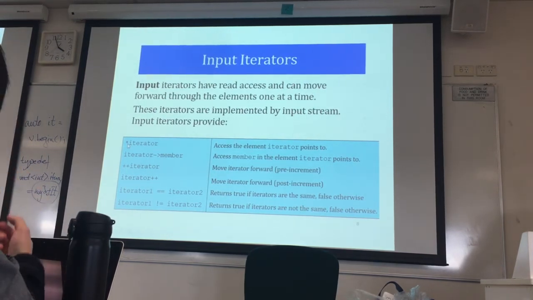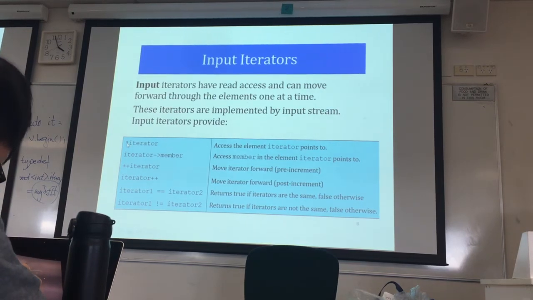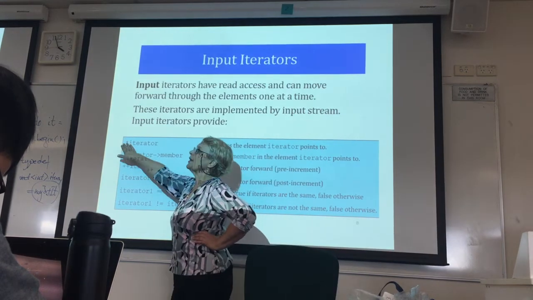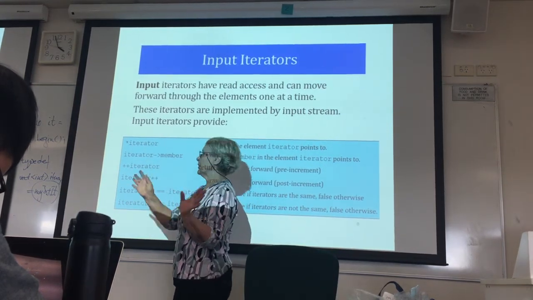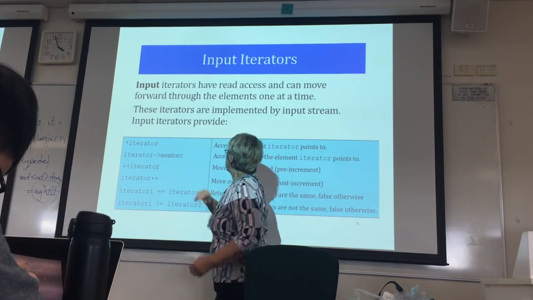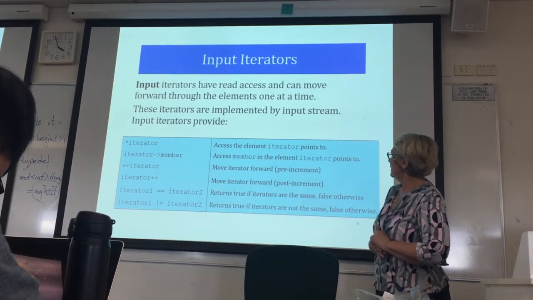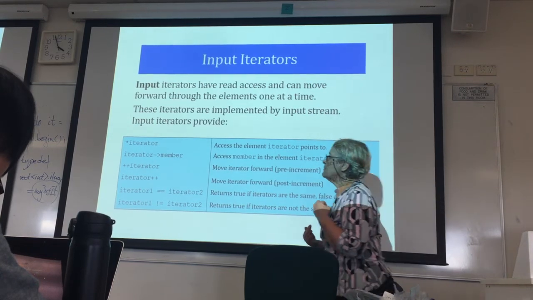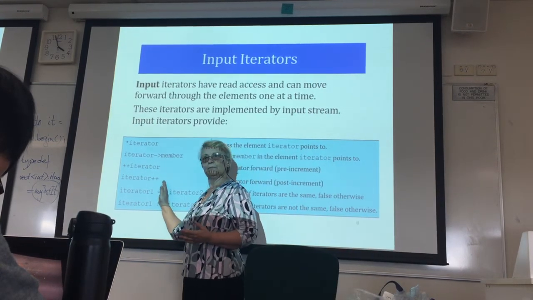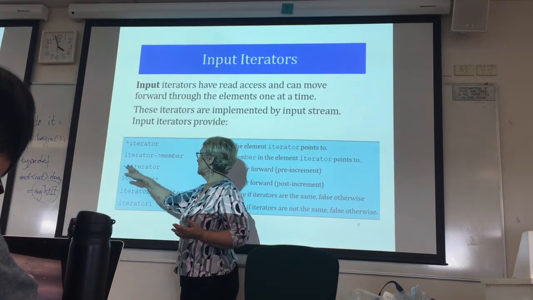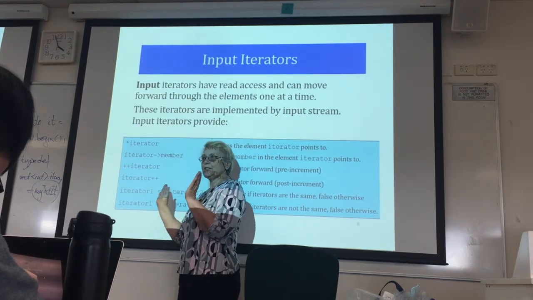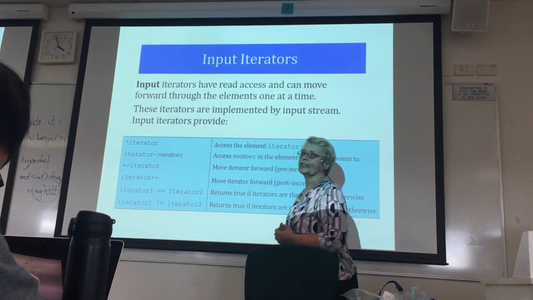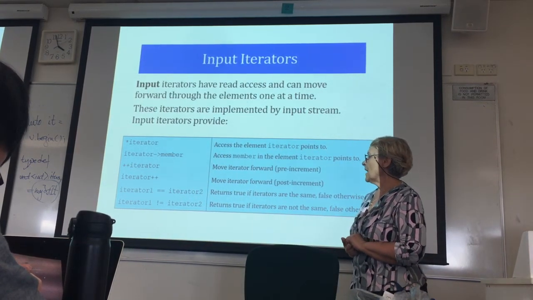So input iterators, you can dereference with this notation. Each iterator has dereferencing. It comes equipped with this operation. And access member in the element. And you can move forward, pre-increment, post-increment. But this means move next. Each notation is equally efficient.